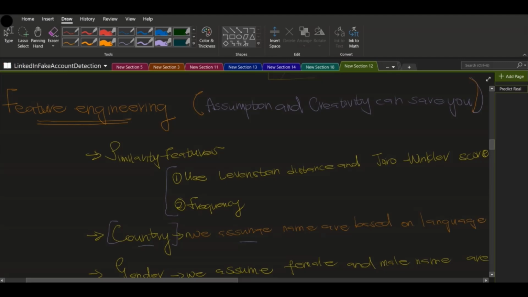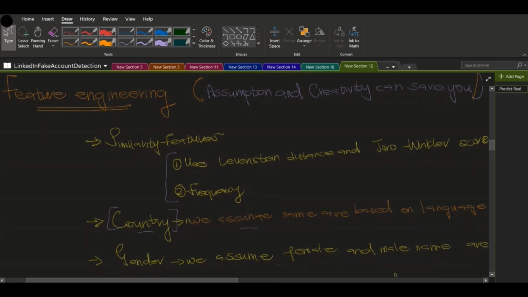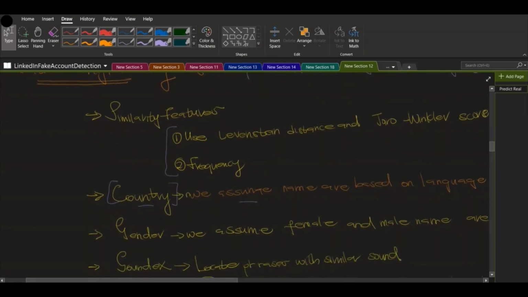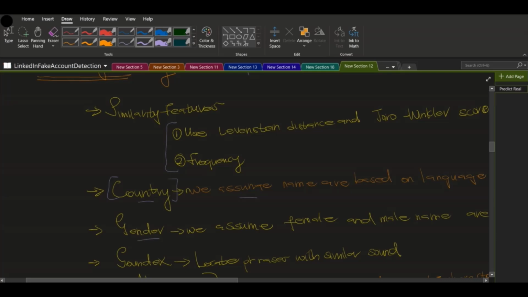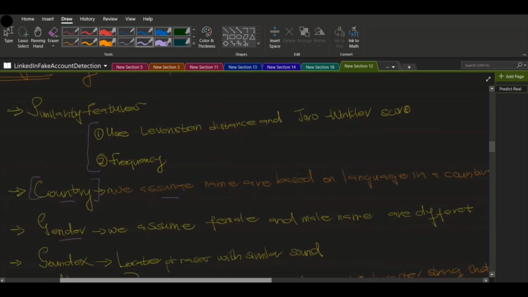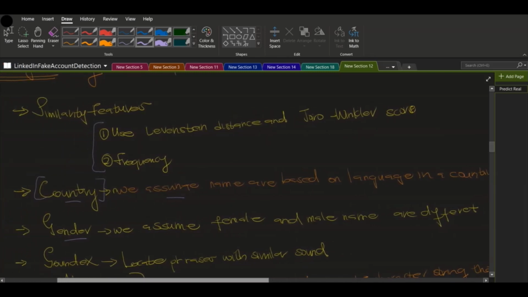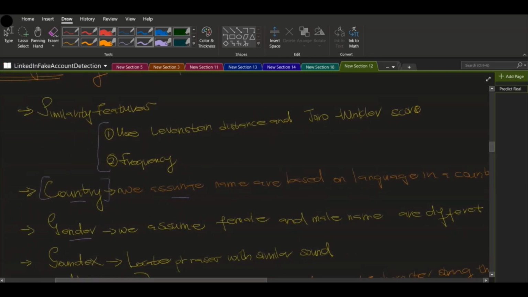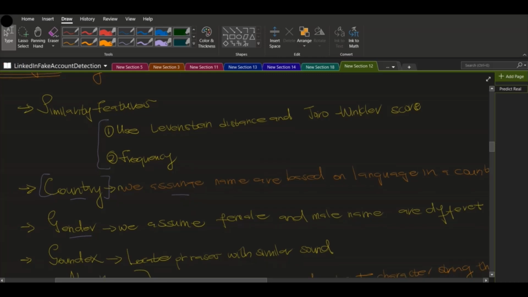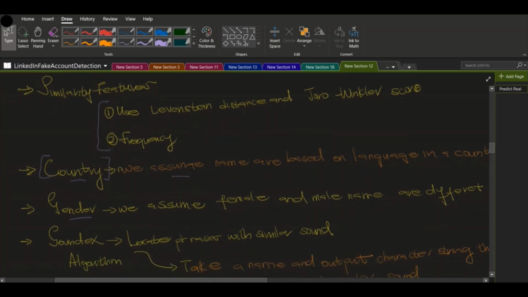I'm also assuming that we're always going to have different names between genders. For males and females, their names are going to be different. Hence, I'm going to include gender as a feature, and this might help our model make predictions.